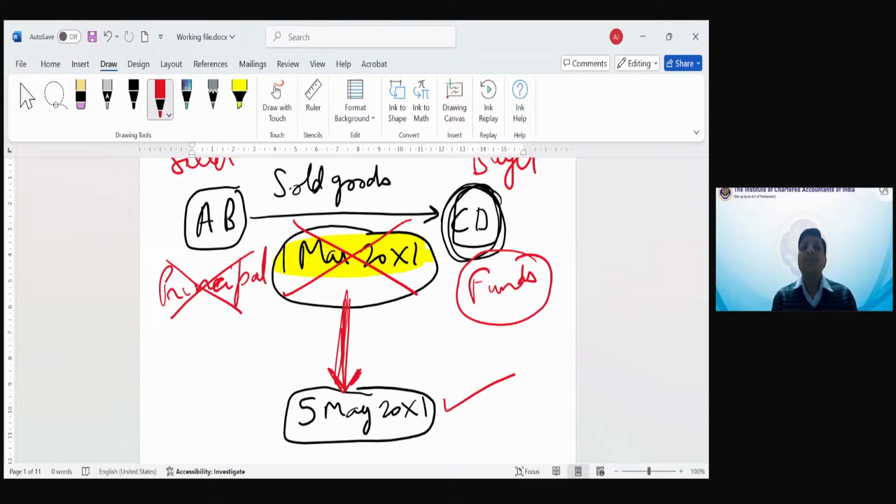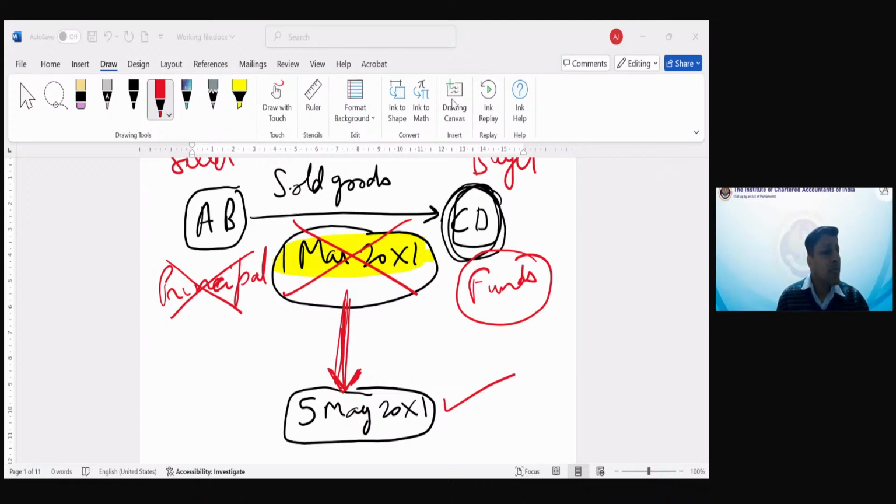Understood, Ajay? Okay. So had it been a case that payment was made by CD to AB on 5th of May, we would not have considered that. So we are still on the accrual concept. Everyone clear?